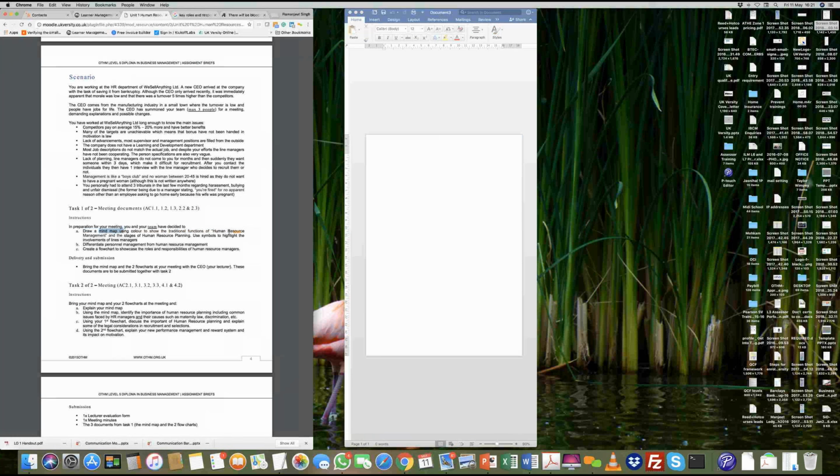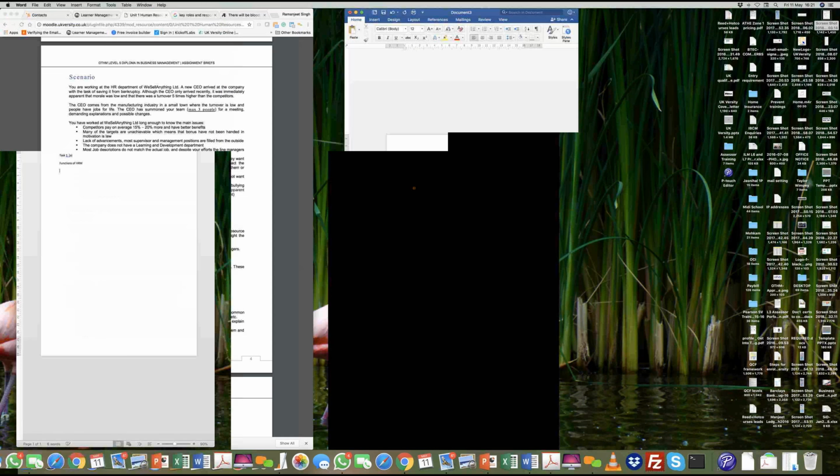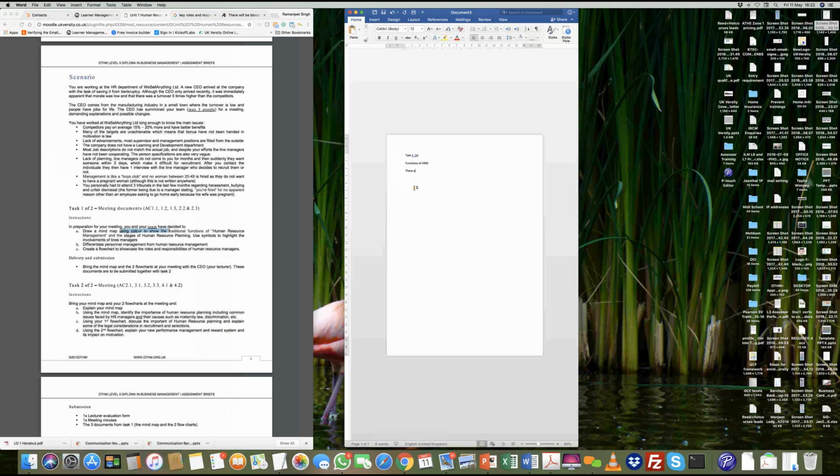So basically the task is Task 1, and Task 1A is talking about functions of HRM. Here you have to draw up an organizational chart, or some sort of chart, which says these are the functions of HR.